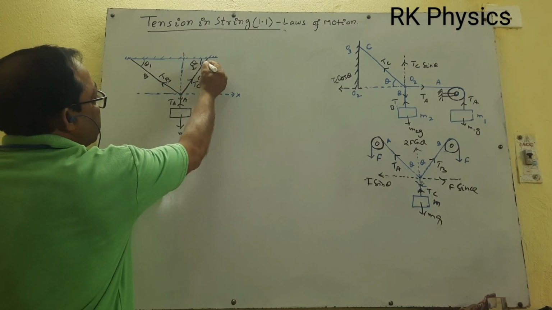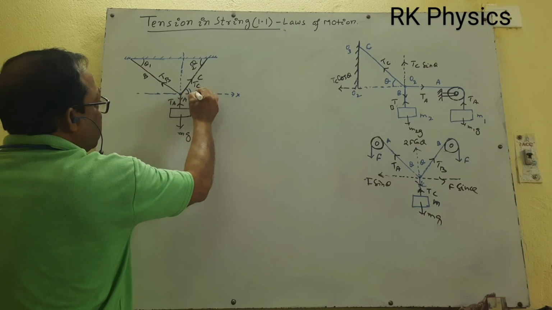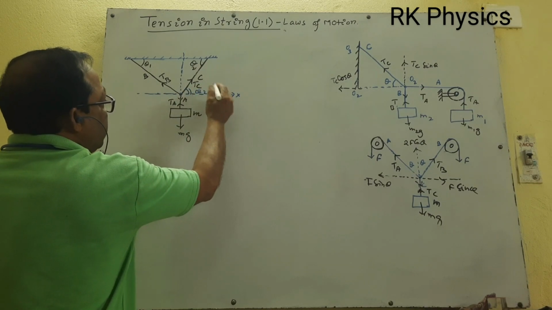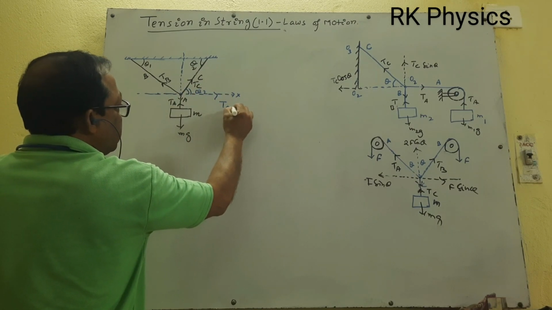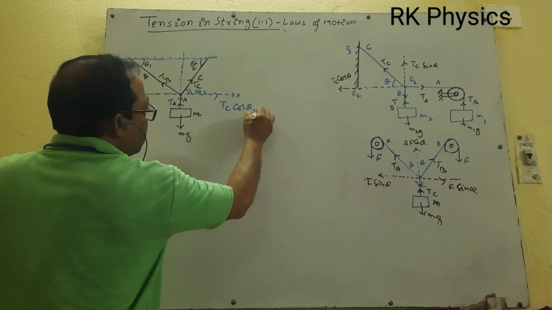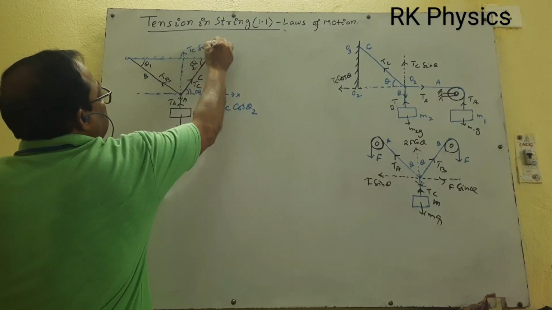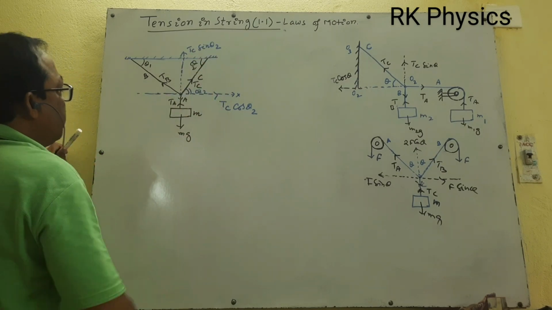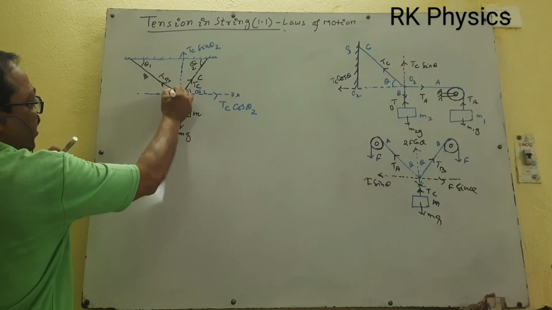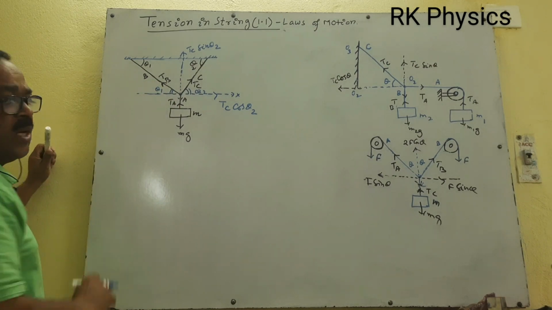If this angle is theta 2, you can write this is theta 2. Therefore TC can be resolved into TC cos theta 2, whereas along this direction TC sin theta 2. Similarly, if this angle is theta 1, as per geometry, this is theta 1.